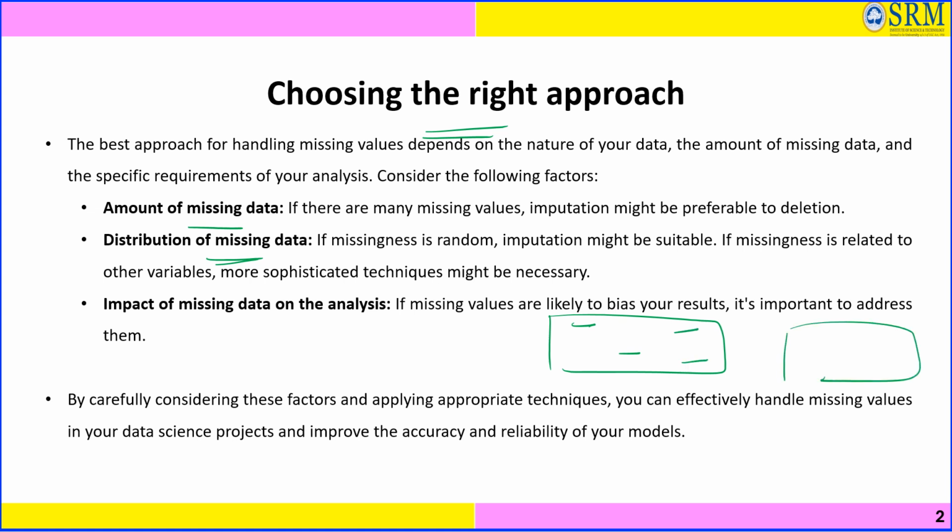Or you can take one more data frame, where you have missing values like this, and then here you have data, here you have data. This dash is called missing values. You have to find out how the missing data is distributed, and you have to find out the impact of the missing data on the analysis. You have to consider these three, and then go for handling the missing values.